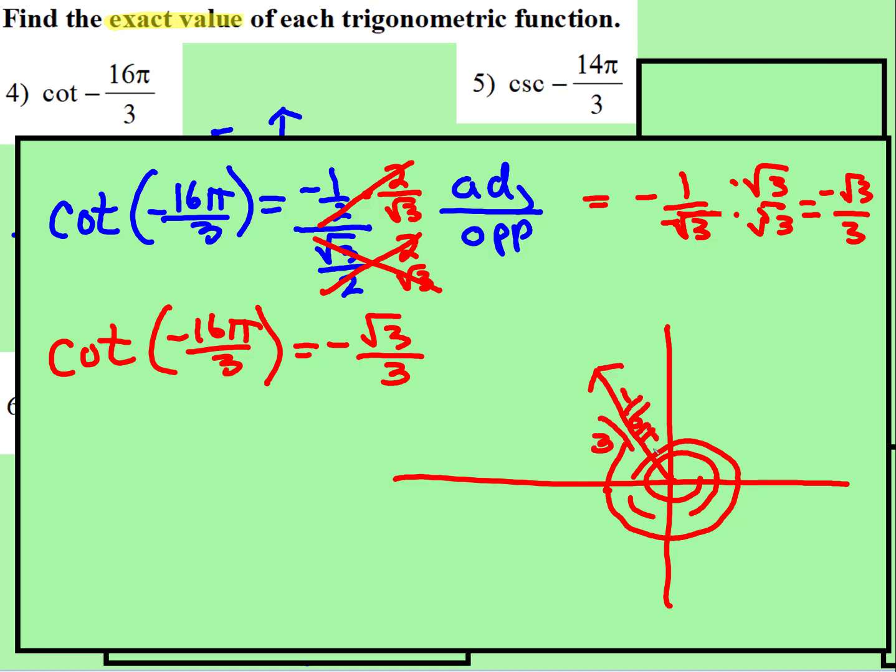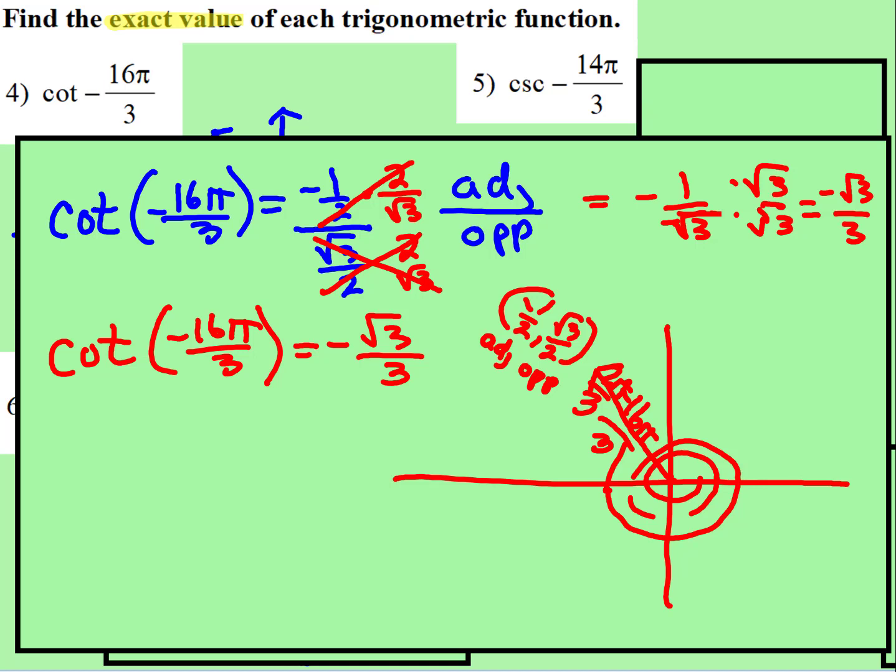We looked at the unit circle, that's 2 pi thirds. I know you can't read that very well. And at 2 pi thirds, we had the coordinate point negative 1/2, root 3 over 2, adjacent, opposite, and we threw it into the cotangent trig function. You're going to do the same with all of these.